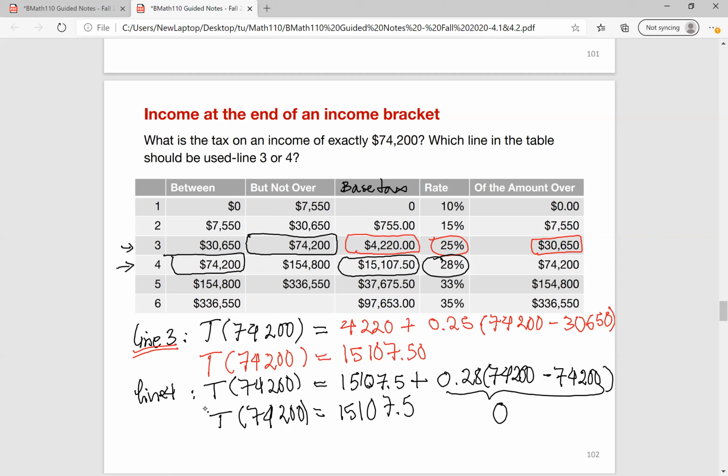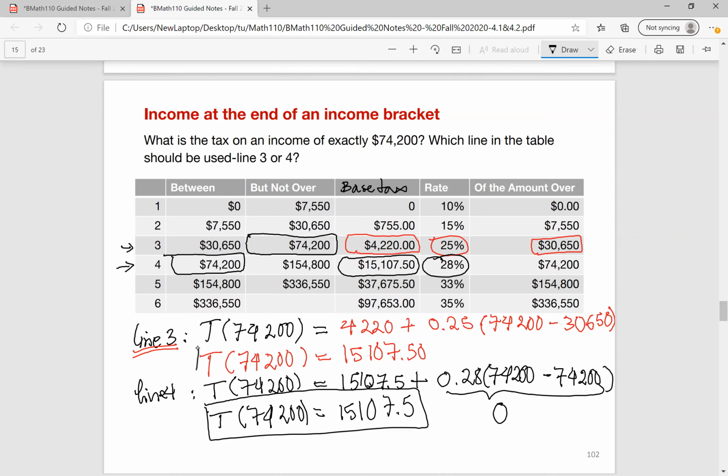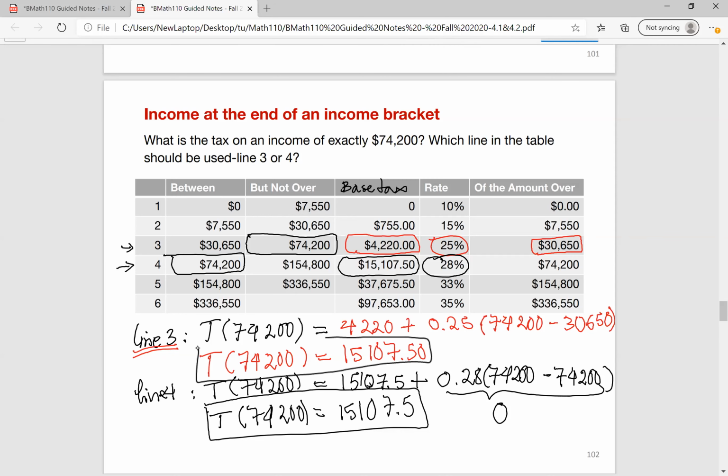So this should be the answer, and this should also be the answer. Compared to each other, they actually are equal. So either using line 3 or line 4, you still come up with the same answer, but you will use a different base tax, different rate and different amount over. Okay.